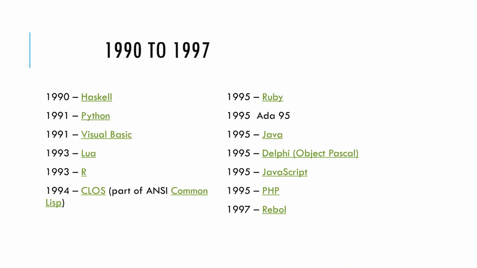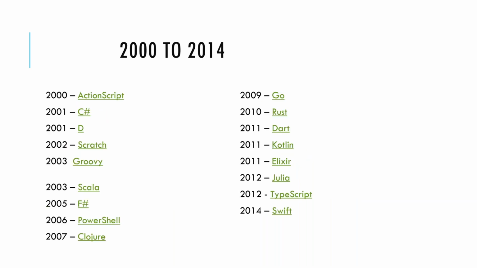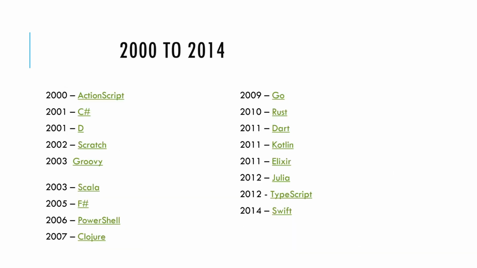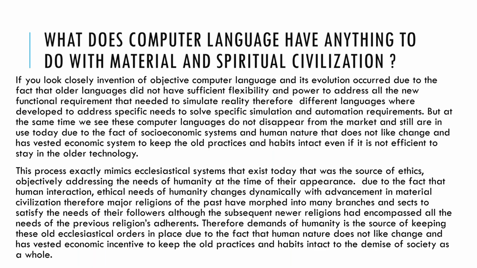These are quite interesting. As we go on, Visual Basic. We have even, it's interesting, look at C#, which was invented in 2001. So when you look closely, we see that we are capable of defining objective language. But now you're scratching your head and saying, what does computer language have to do with material and spiritual civilization?